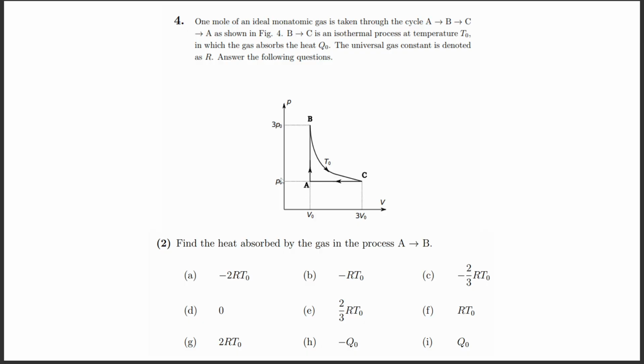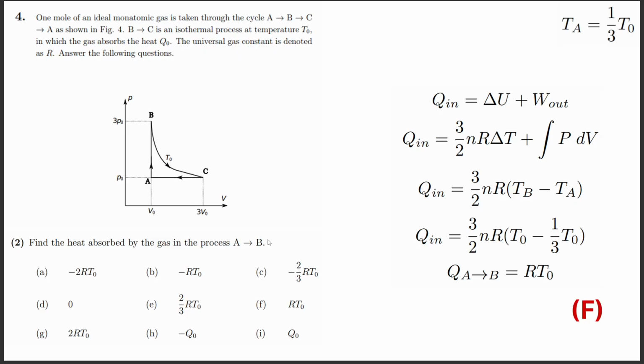Number 2. Find the heat absorbed by the gas in the process A to B. From the theory we know that the Q absorbed is the change of the internal energy plus the work done by the gas, and since in the process A to B there is no change of volume, the integral of PdV is 0.